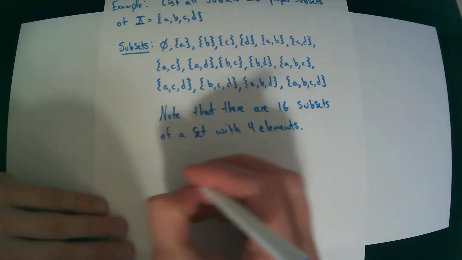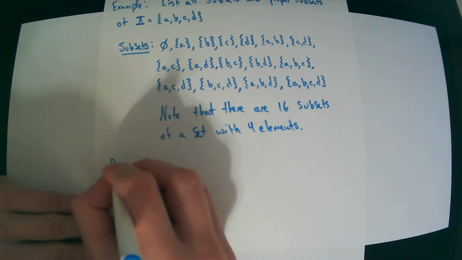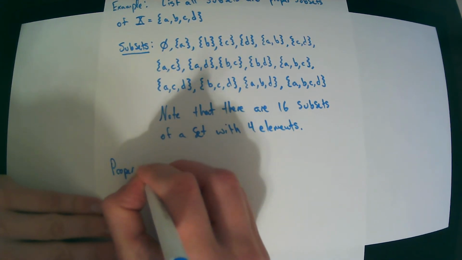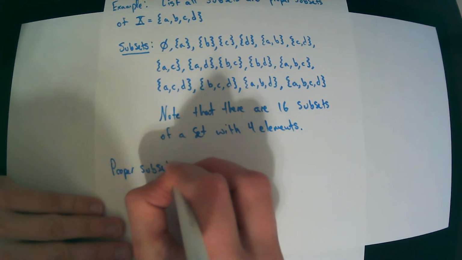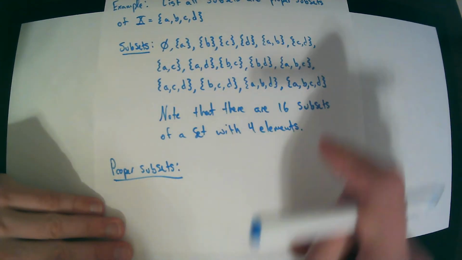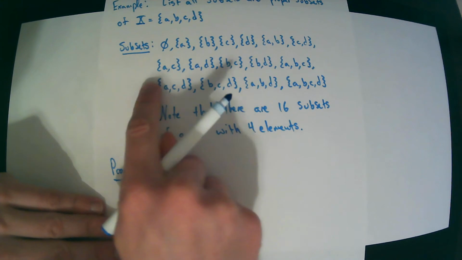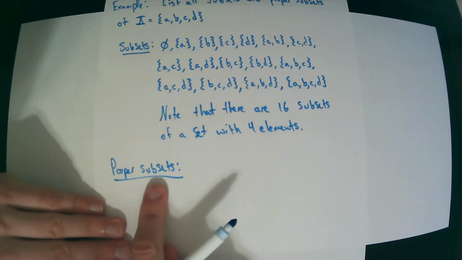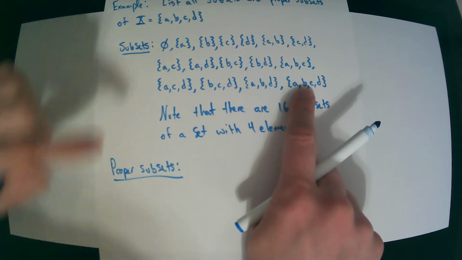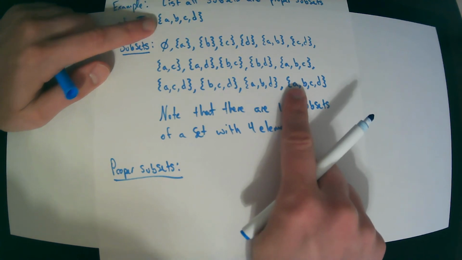Alright, now what about proper subsets? Now here's the thing though. These are all proper subsets except for that one. Right? Subsets are proper subsets except for the one that's equal to the set itself.